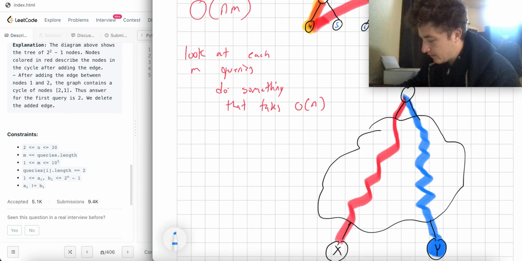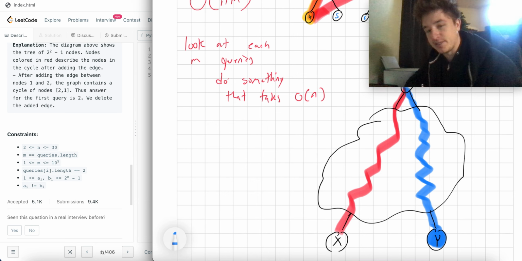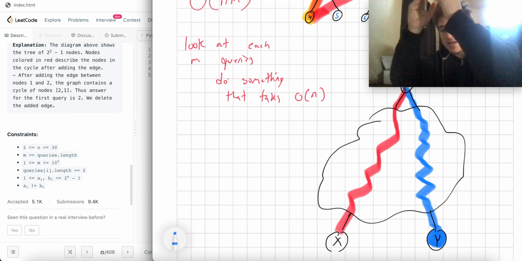At some point those two things have to merge in order to create a cycle, because X and Y create a cycle where they meet each other, right?